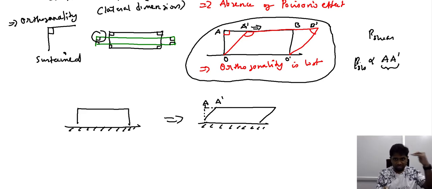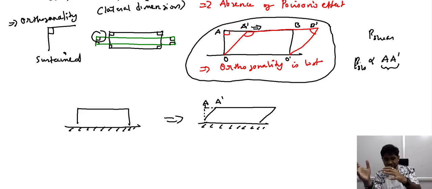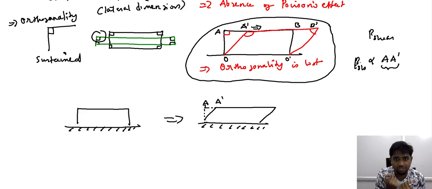So we are imposing a shear load, there is a noticeable change. We are able to quantify this noticeable change by considering the shift in the corners, which we have described as A prime, and this shift is dependent on the sample size. So we need a way of describing this shift in the corners which is independent of the dimensions of the sample.